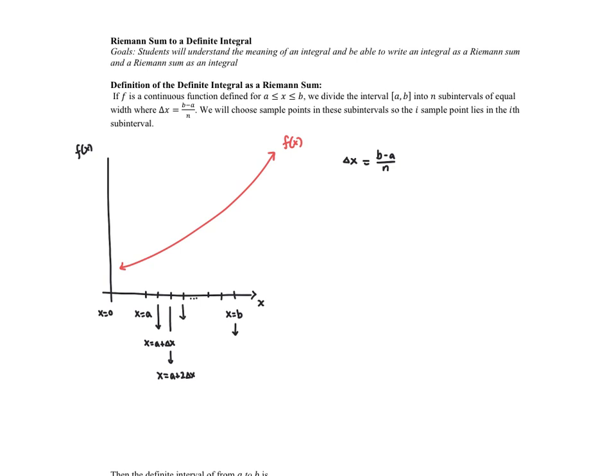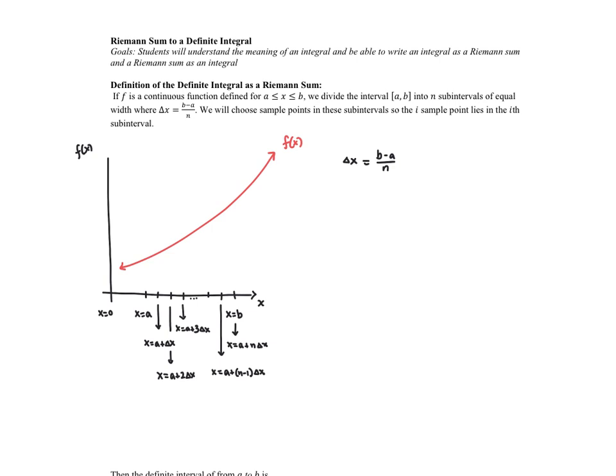This third one will be x equals a plus 3 delta x. Okay, and then I'm going to go to the second to last and the last. So this would be x equals a plus n minus 1 delta x. And then x equals b is actually equivalent to x equals a plus n delta x. Right? It's the end of the nth interval.